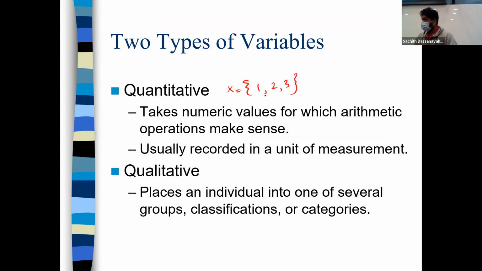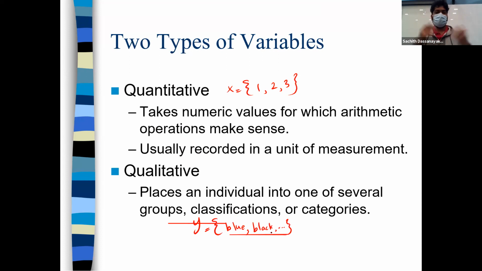Qualitative means groups or classifications, non-numerical data, like eye colors. Eye colors are like blue, black, right? Those are non-numerical data. Clear? So quantitative is numerical data; qualitative is non-numerical data.